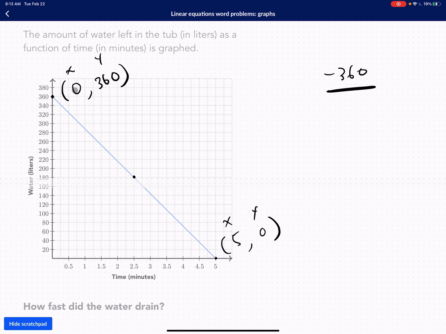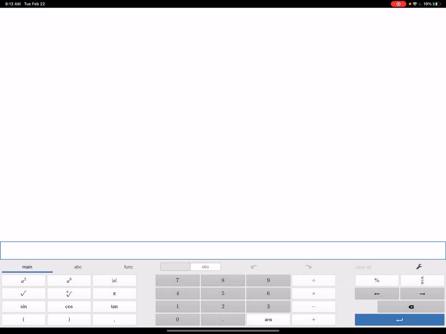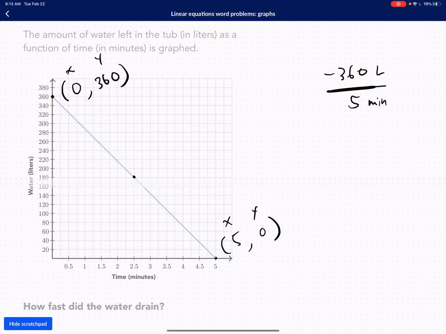And then how much time has passed from 0 minutes to 5 minutes? We lost 360 liters, and 5 minutes have passed. So let's do 360 divided by 5, and we get 72.